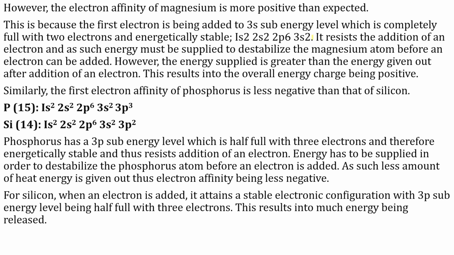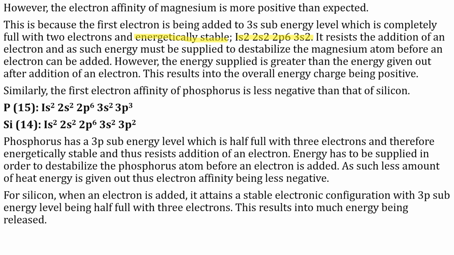It all lies in electronic configuration. If you look at the electronic configuration of magnesium, the 3s sub-energy level, which is the outermost, is completely filled with electrons. And if it's completely filled, we expect it to be thermodynamically or energetically stable. So that means that the incoming electron is going to be less attractive.